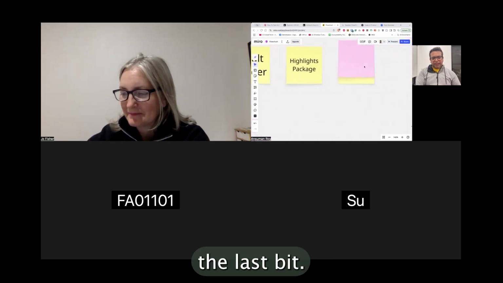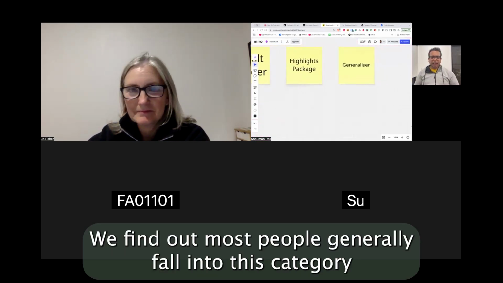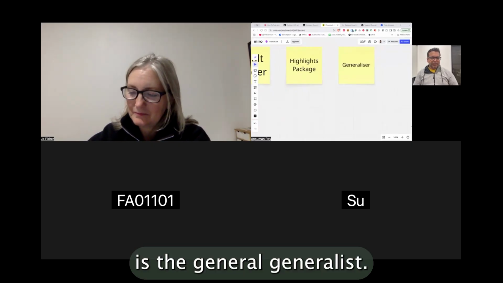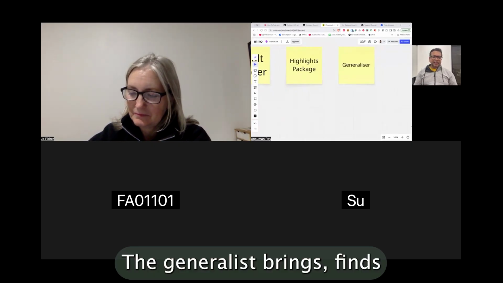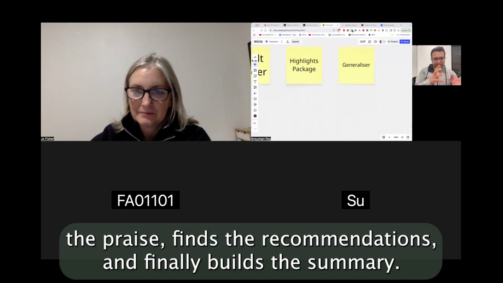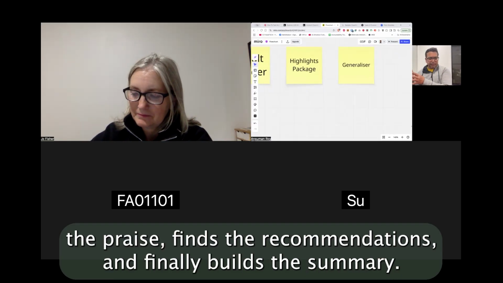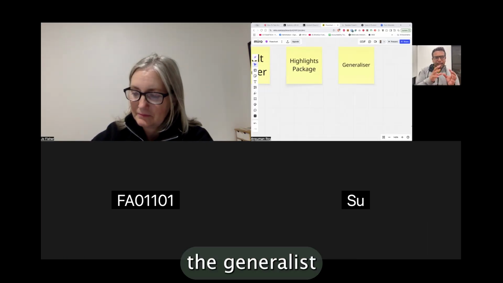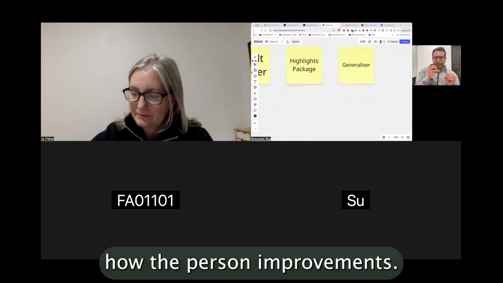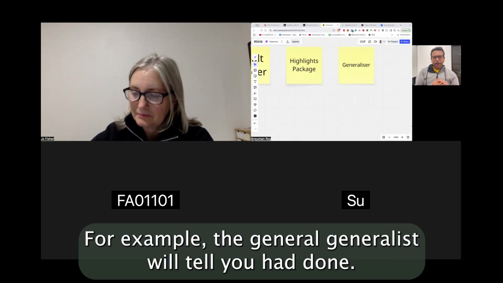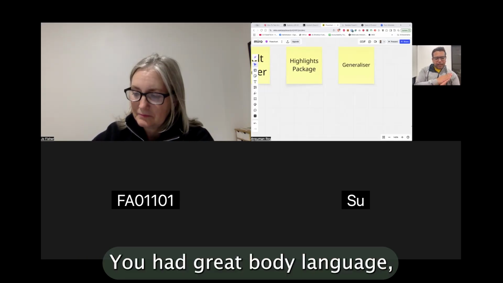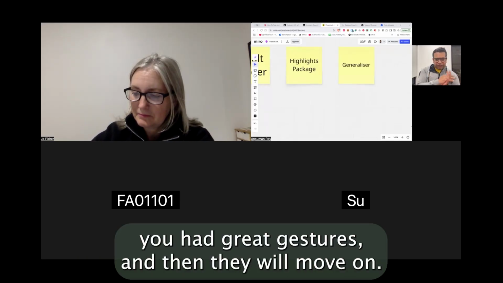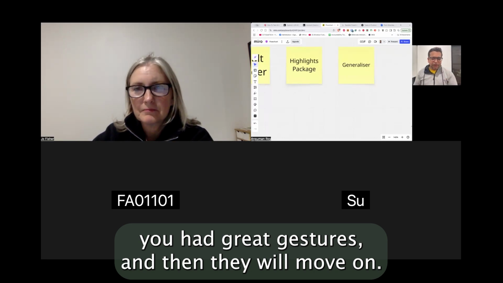The last one, which we find most people generally fall into, is the generalist. The generalist finds the praise, finds the recommendations, and finally builds the summary. But at the same time, the generalist does not tell how the person improves. For example, the generalist will tell you, you had great body language, you had great gestures, and then they will move on.